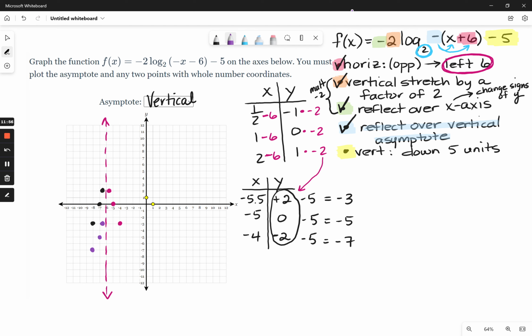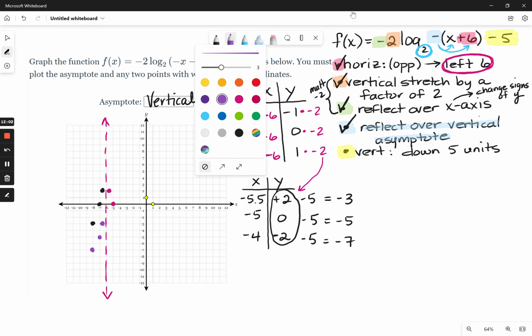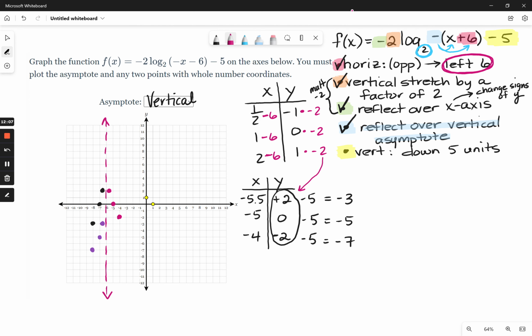This pink dot, maybe you caught it, I graphed it at -3 actually. It should be right here, at -4, -2. So sorry, I move it over right here. There we go. Okay, so -4, -2, which was this right here. I graphed it at -4, -3. So there's -4, -2, and now I'm reflecting it over to that side.